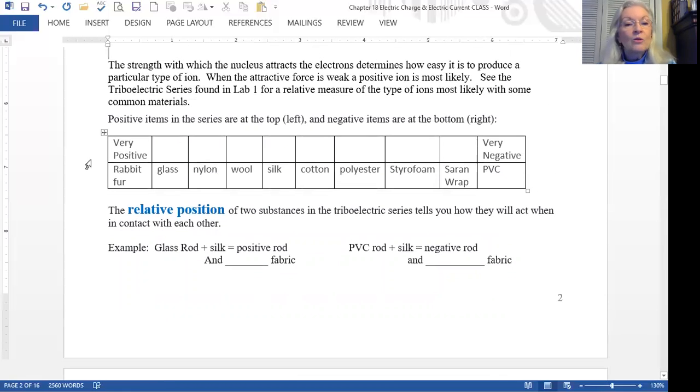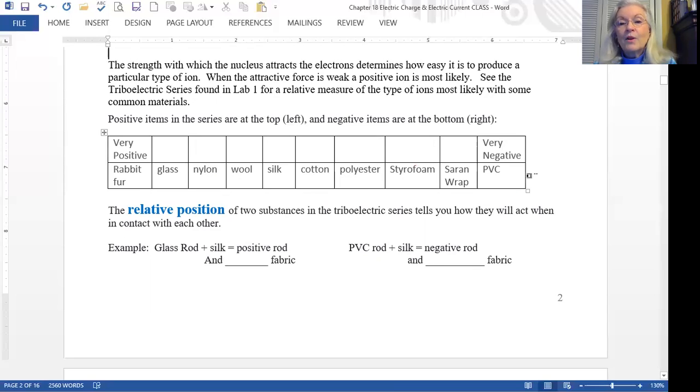So if we look at our graphic, and this will show up in the first lab as well, you can see that rabbit fur forms a very positive charge, and that means it gives up electrons easily. Rabbit fur just donates electrons like crazy.